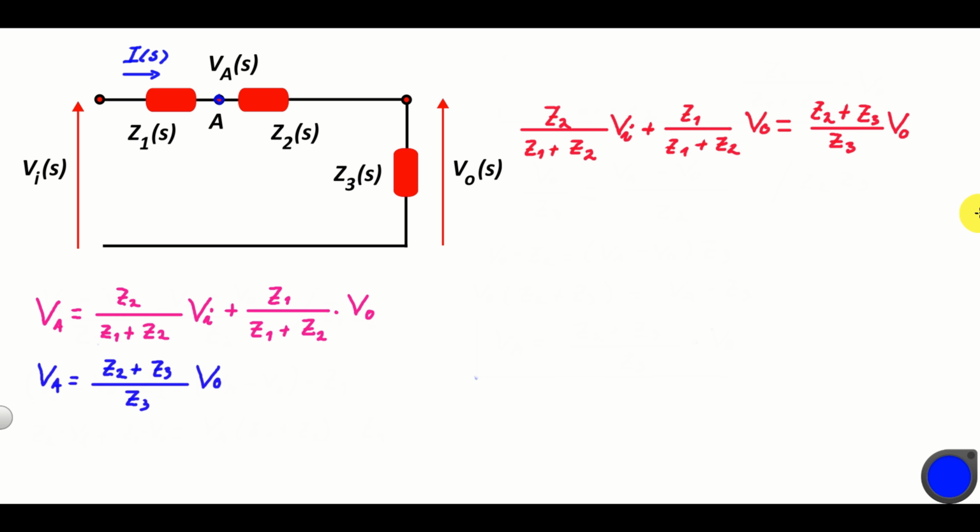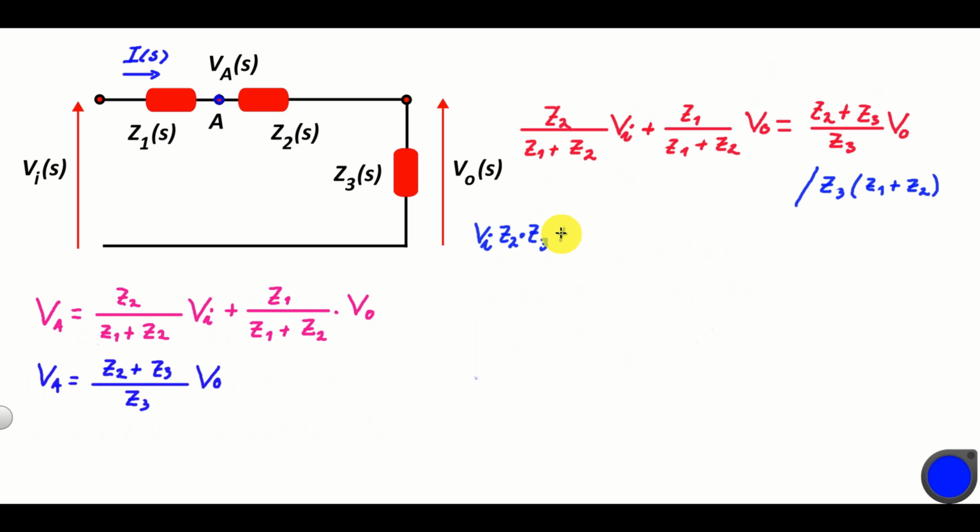The first step is to multiply both the left-hand side and the right-hand side by Z3 multiplying Z1 plus Z2. And let's see the result. First of all, let's see what happens over here. Over here, we will simply obtain VI multiplying Z2 multiplying Z3.